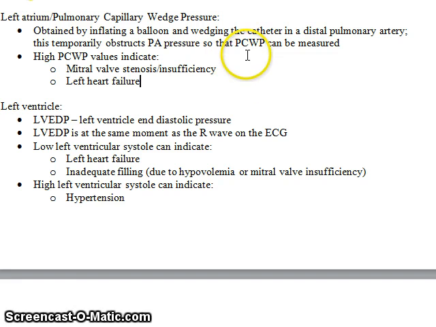It's actually measured via the right side of the heart. What they do is they put a catheter into the pulmonary artery and then they seat it deep into a distal pulmonary artery, inflate a balloon, and then through that they are able to measure the left atrial pressure.